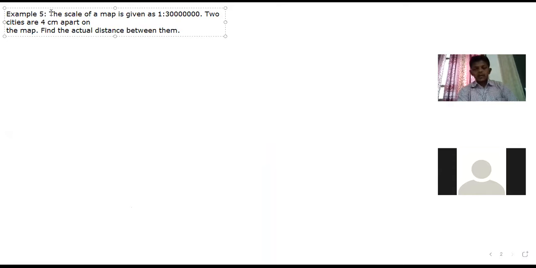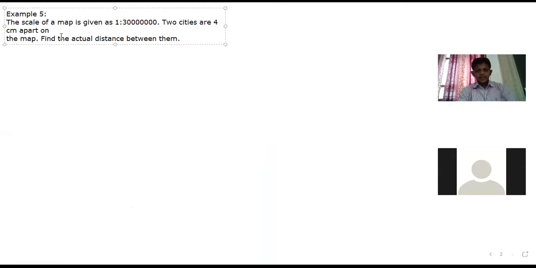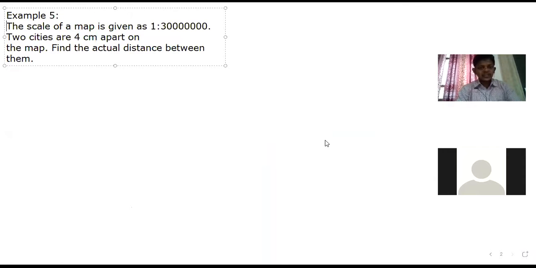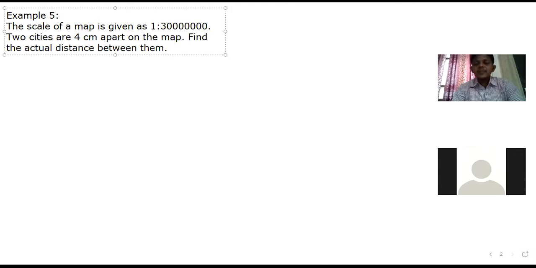The scale of a map is given as 1 is to these many. Means 1 centimeter on the map is equal to these many centimeters on the ground. But on the ground, do we measure distance in centimeters? No, sir. We measure it in kilometers.